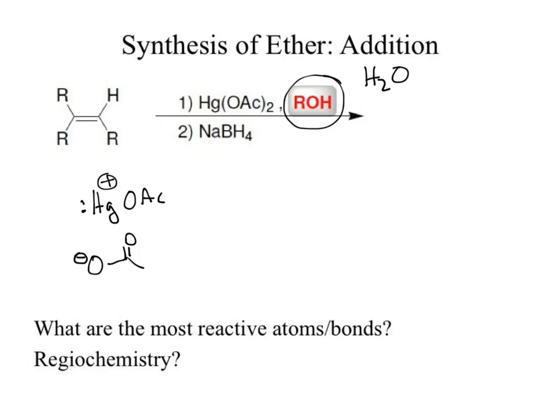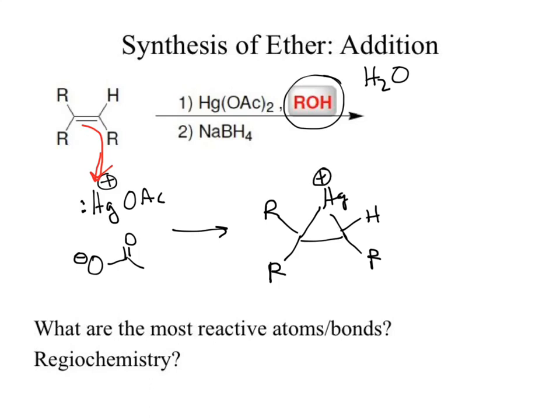In, say, our alkene, which can come in and react. The result of that is we then end up with, whoops, no double bond in the middle. That was my bad. We end up with what is known as the mercuronium ion.